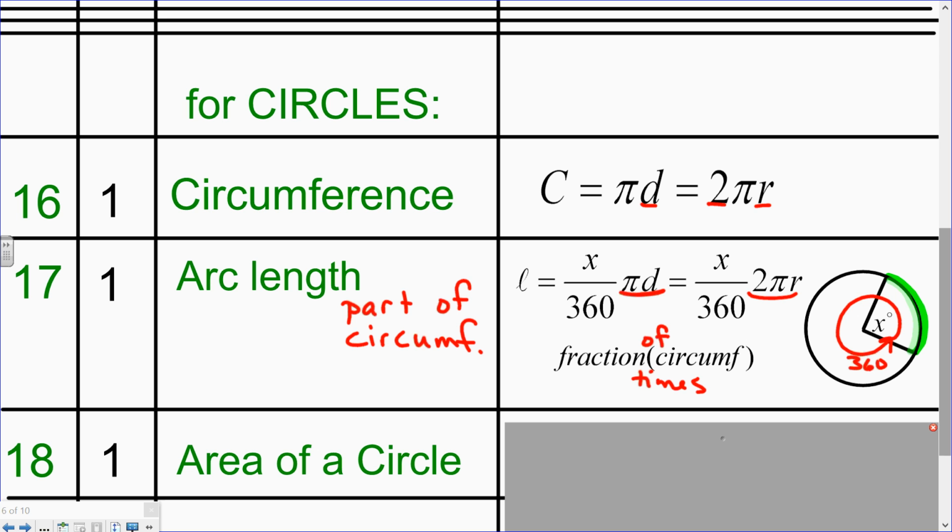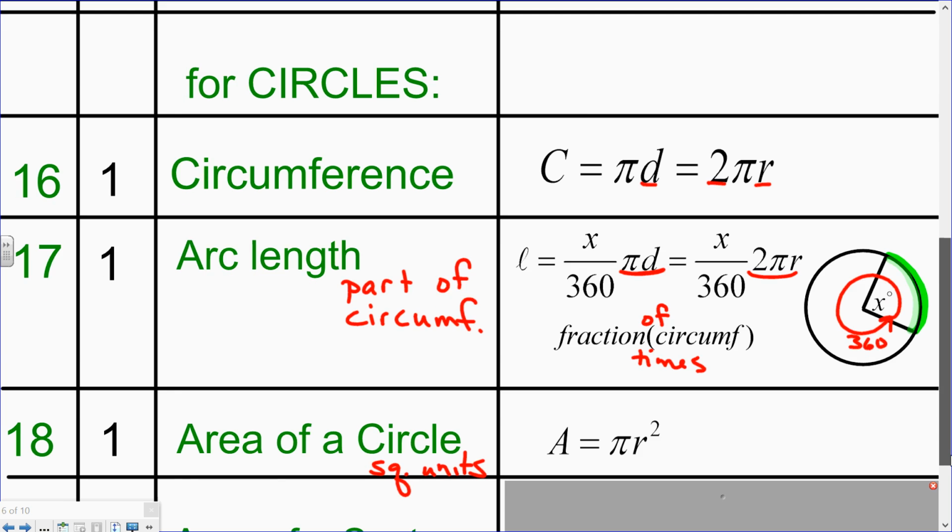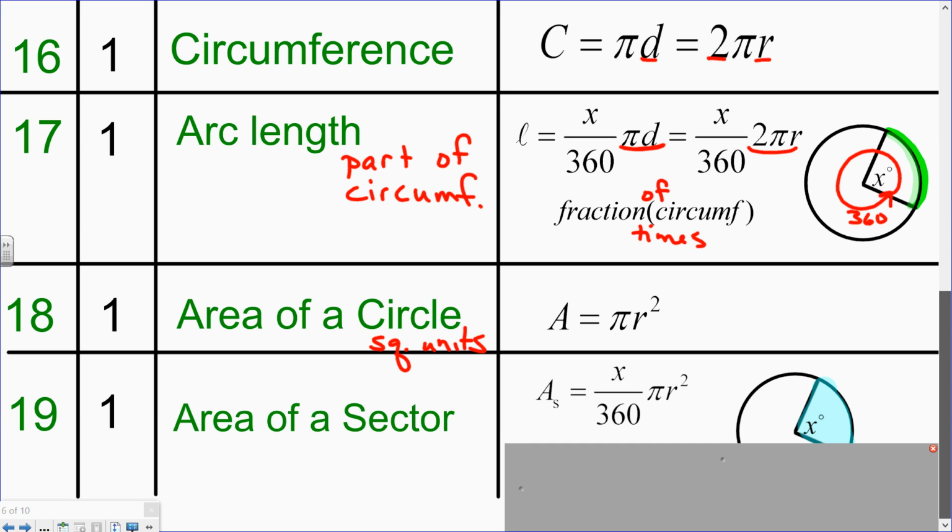And then that other formula that we just heard, the area is pi r squared. Helps me keep them straight because this will always have some sort of square units. And this is the formula that has a square in it. I also gave you a picture of what we call a sector.